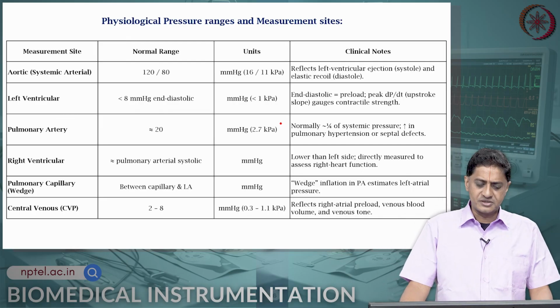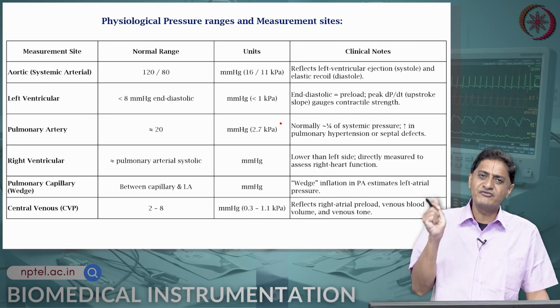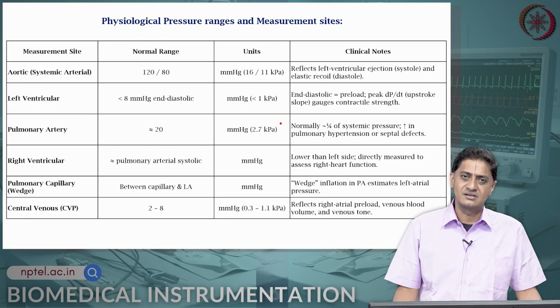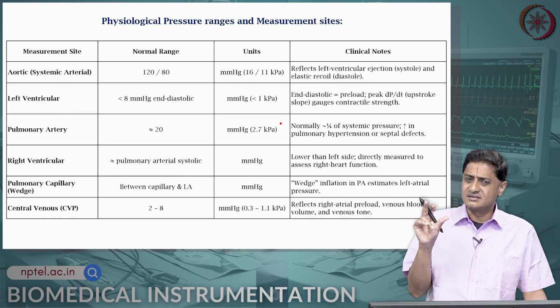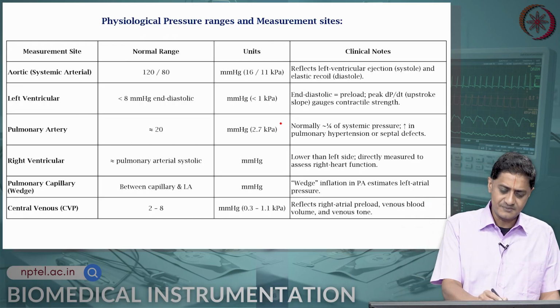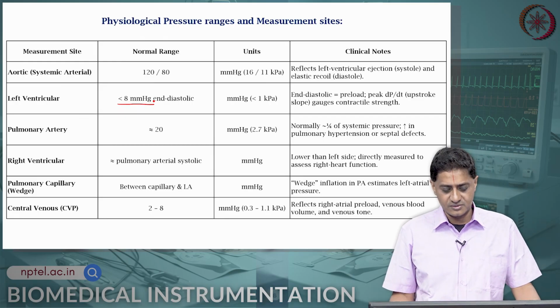Left ventricular pressure at the end of the diastole, just before systole begins, just before contraction, whatever pressure is measured there, is less than 8 millimeter mercury.